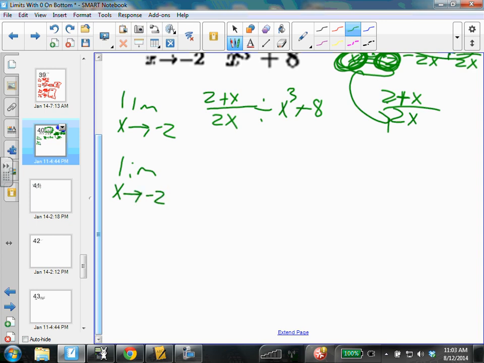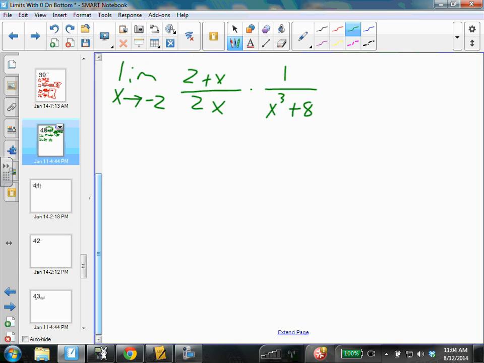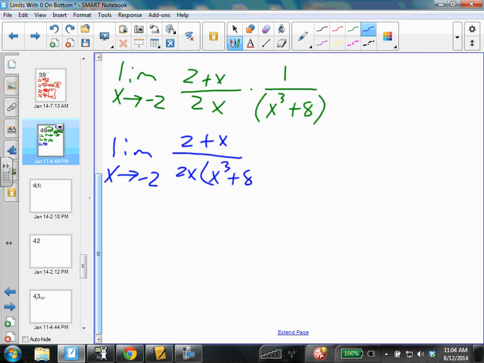And then remember, the way you divide by a fraction is to multiply by the reciprocal. This is over a 1 right now. Put parentheses here. So we have the limit as x approaches negative 2 of 2 plus x over 2x times 1 over x cubed plus 8.